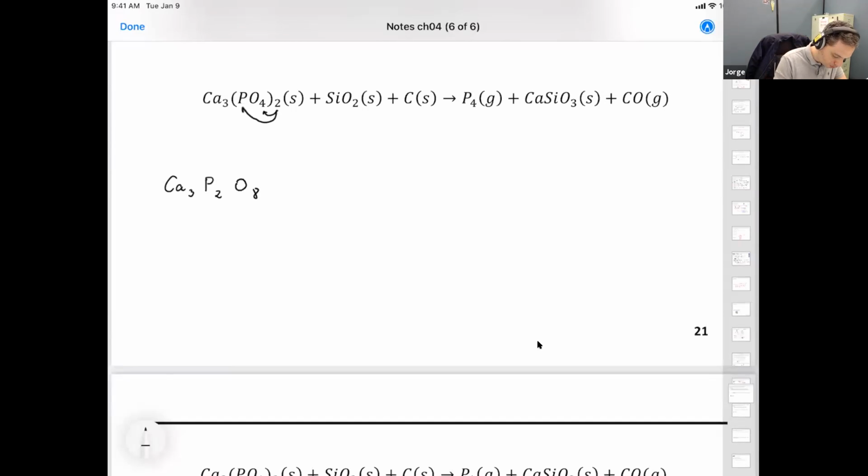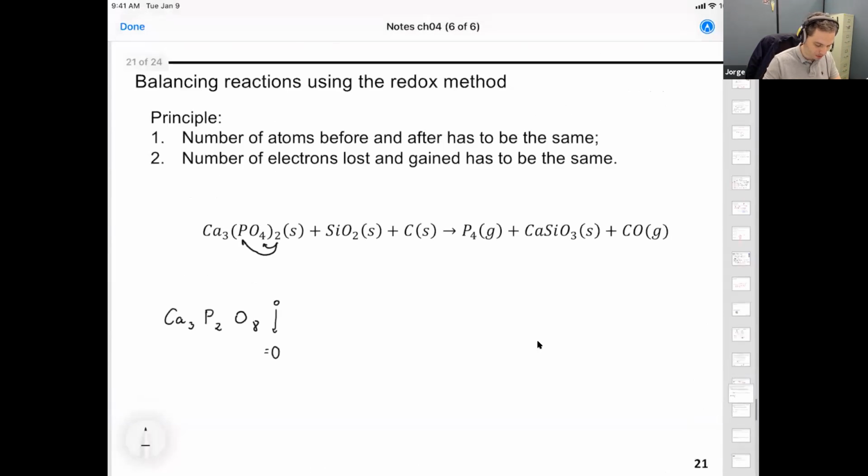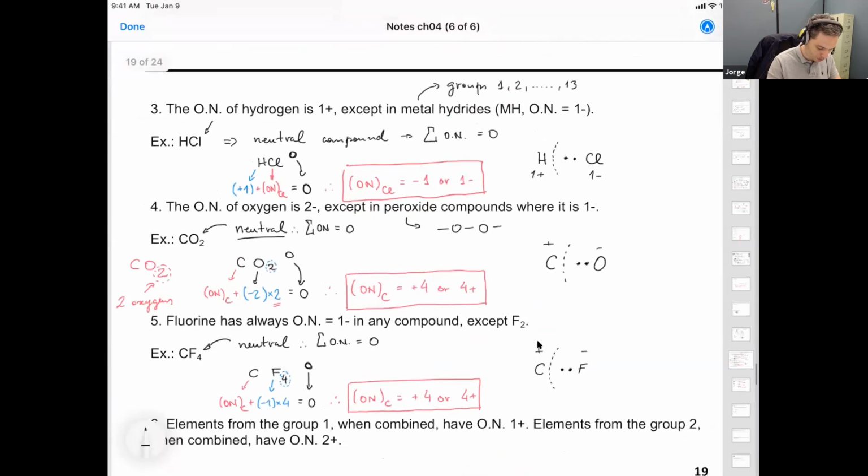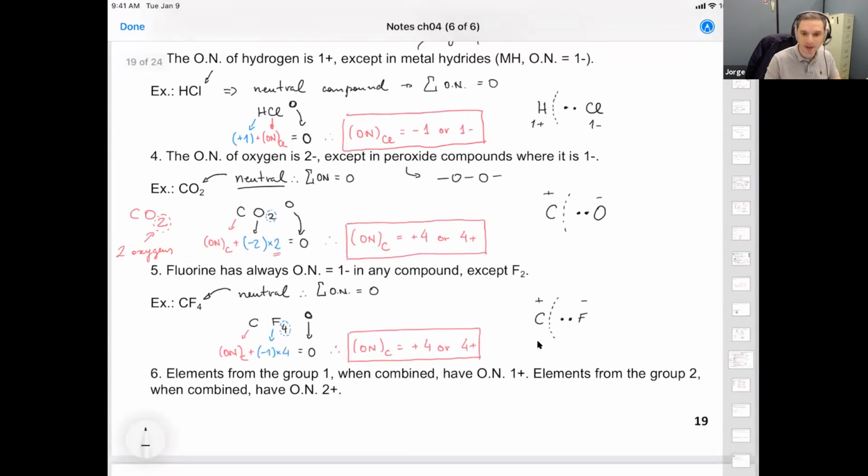This is a neutral compound, therefore the sum of the oxidation numbers is 0. And we have here calcium, phosphorus, and oxygen. If we go back to the rules, rule number 6 states that elements from group 2, when combined, have oxidation number 2 plus.